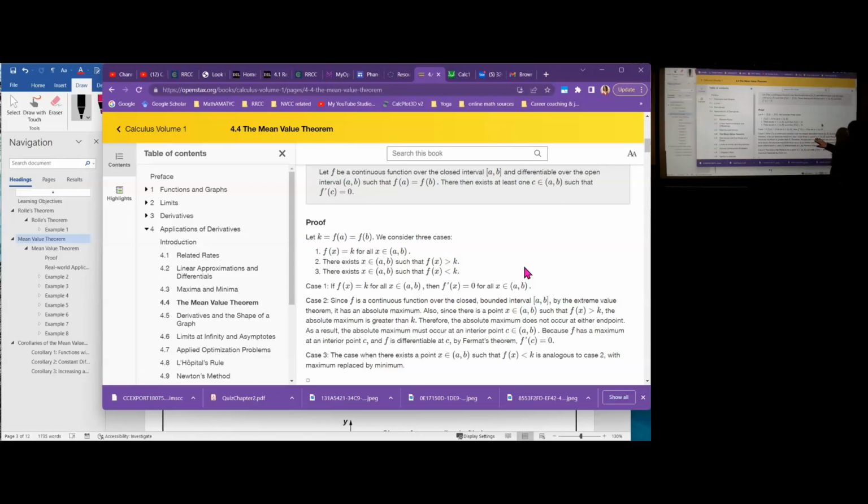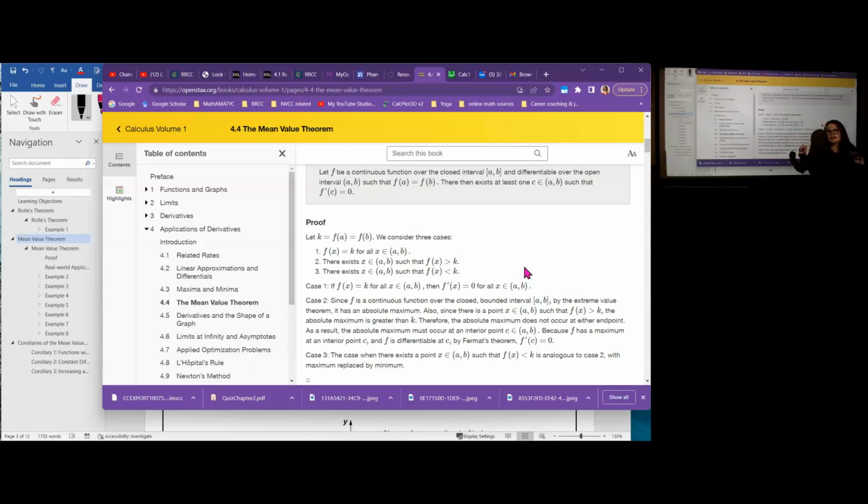That tells us that there's a point between a and b such that f of x is greater than k, then that absolute maximum must be greater than k itself. In that case, the absolute maximum is not occurring at either endpoint. Remember the extreme value theorem, we look at the endpoints and the critical points on the inside.